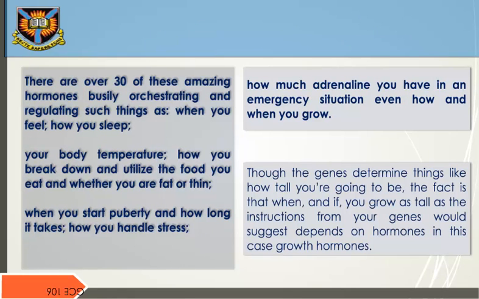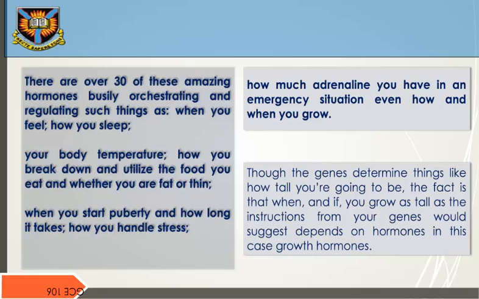There are over 30 of these amazing hormones busily orchestrating and regulating such things as when you sleep, how you feel, your body temperature, how you break down and utilize the food you have eaten, and whether you are fat or thin, when you start puberty and how long it takes, how you handle stress, how much adrenaline you have in an emergency situation, and even how and when you grow.